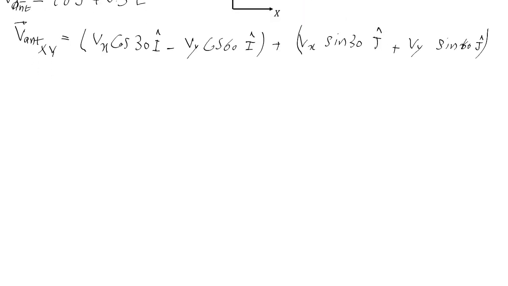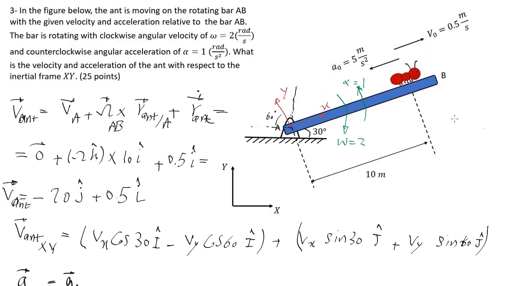So for the acceleration here, we have A ant. Again, we have a particle moving on a rigid body, and we are using the formula for the problems that we had a particle moving on a rigid body.